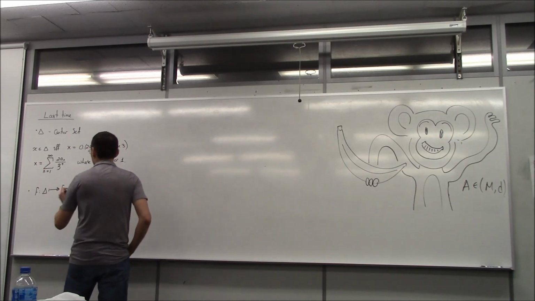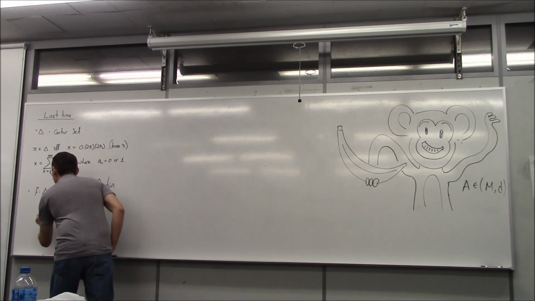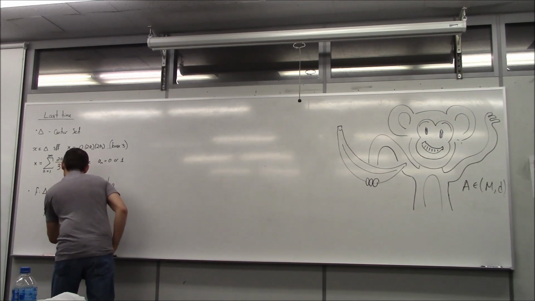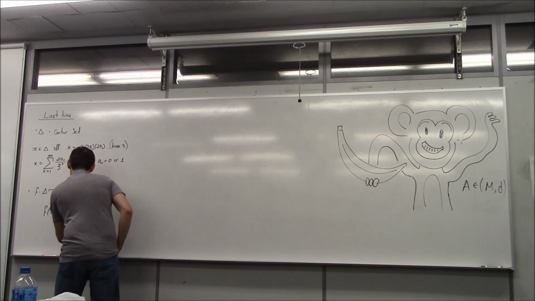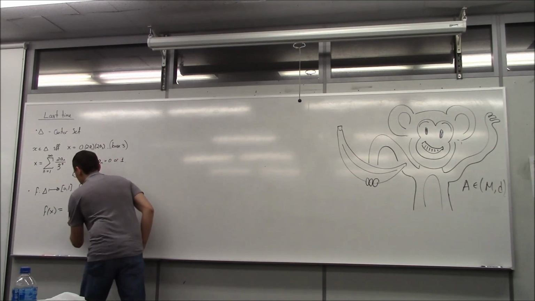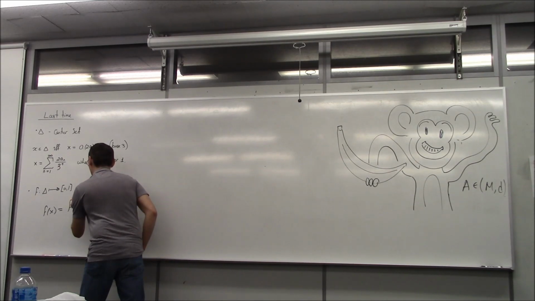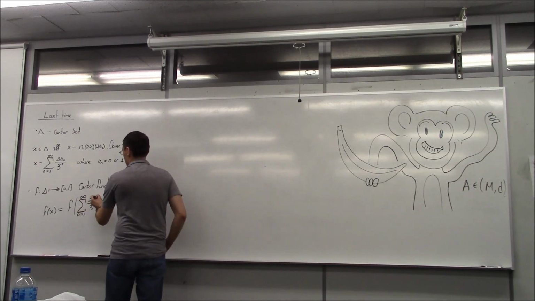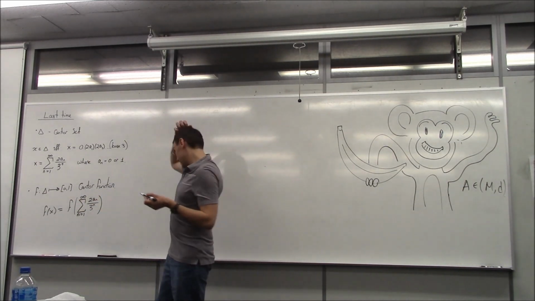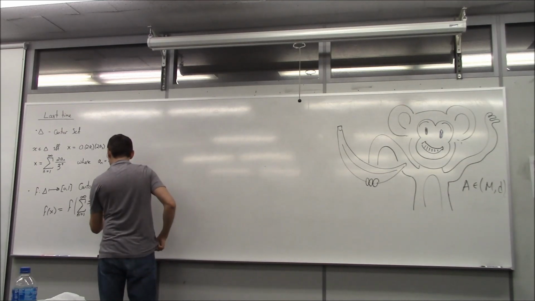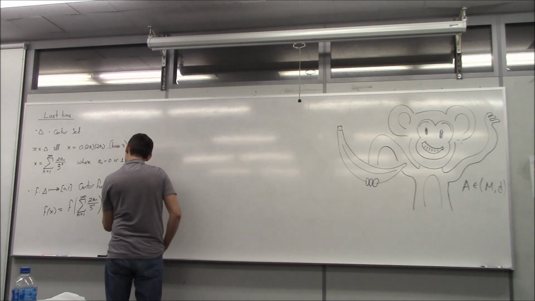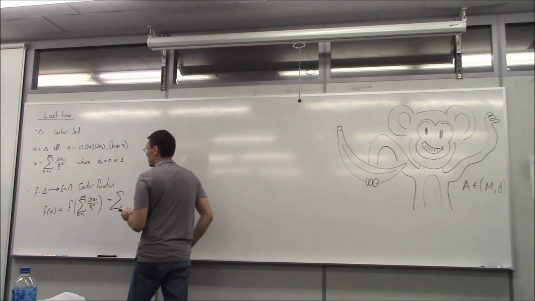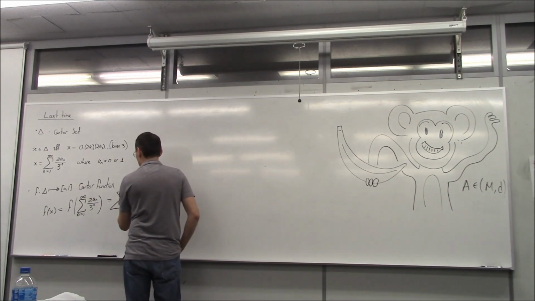And what is special about this function, it takes an element x, it looks at its tertiary expansion, and converts the expansion into a binary by deleting the 2's and changing the base to 2 to the power of n.